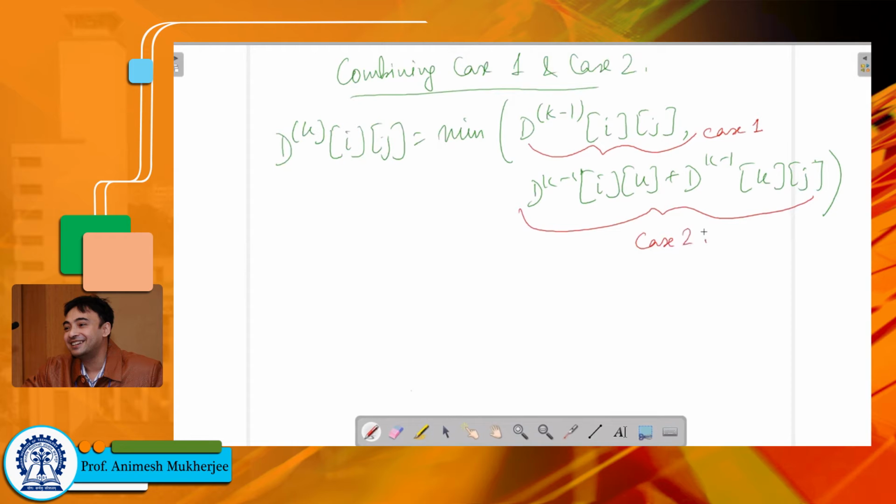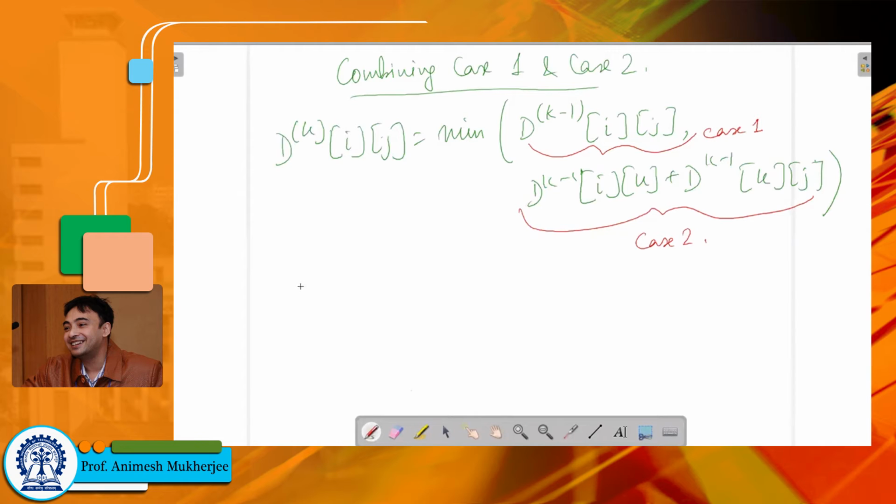So now using this recursive formula, we can build the recursive or iterative, whatever way you think of it, we can build the D matrices, and finally from there we can actually get the shortest distance matrix, the lengths.